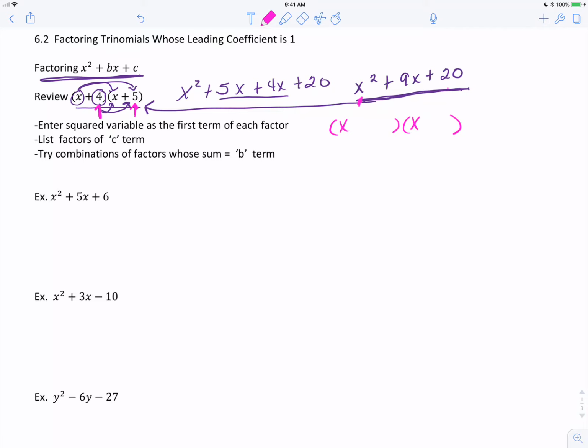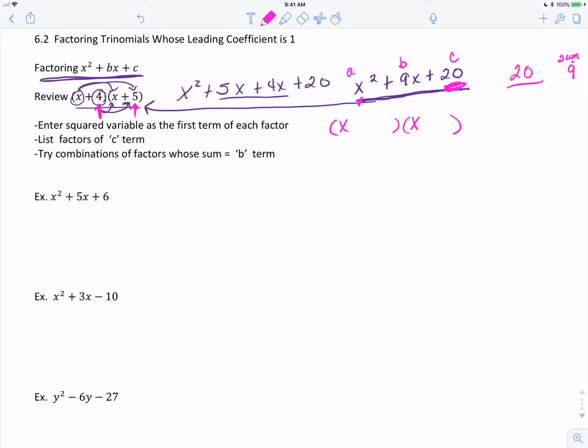And then we're taking this last term, the C term, because remember this is our A term, here's our B term, here's our C term. We're looking at that 20 and thinking, what are the factors of 20 that might add up to be that B term? So what times what is 20, whose sum would be the B term, 9?